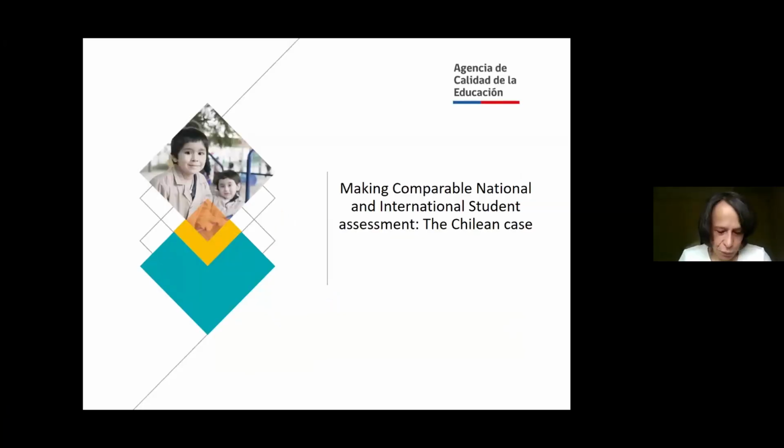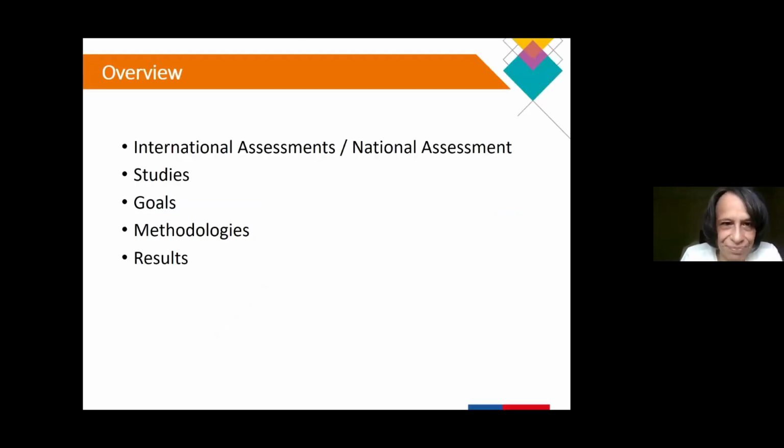I will try to show the studies we perform at the National Educational Quality Assurance Agency in Chile, all the work we have done making comparable national and international student assessment at the elementary and secondary level.